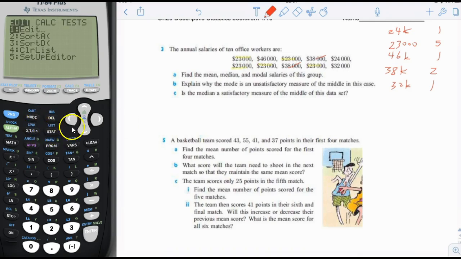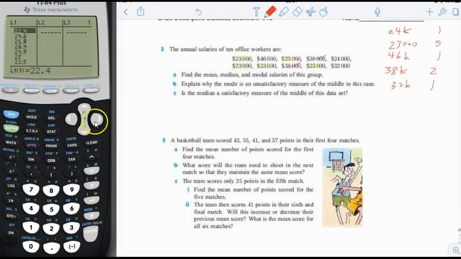So how do you enter that in the calculator? Well, you still use stat edit. In this case, I'm going to use the columns L2 and L3. Why do I need 2 columns? Because the first column is going to be the data, and the second column, L3, is going to be the frequencies. If I use 2 columns, I don't need to sit there repeating 23,000 5 times. I just insert it 1 time, and then I go back and put the frequency of that number.